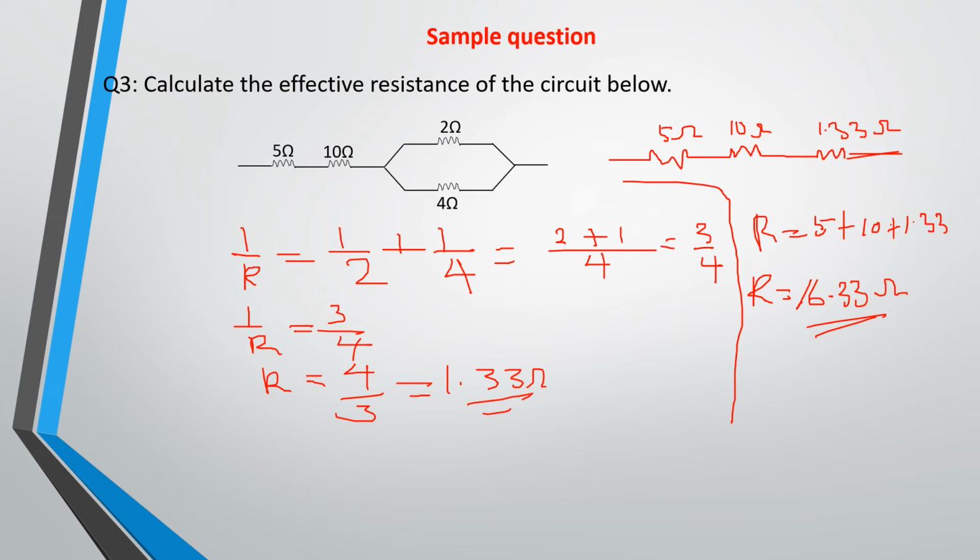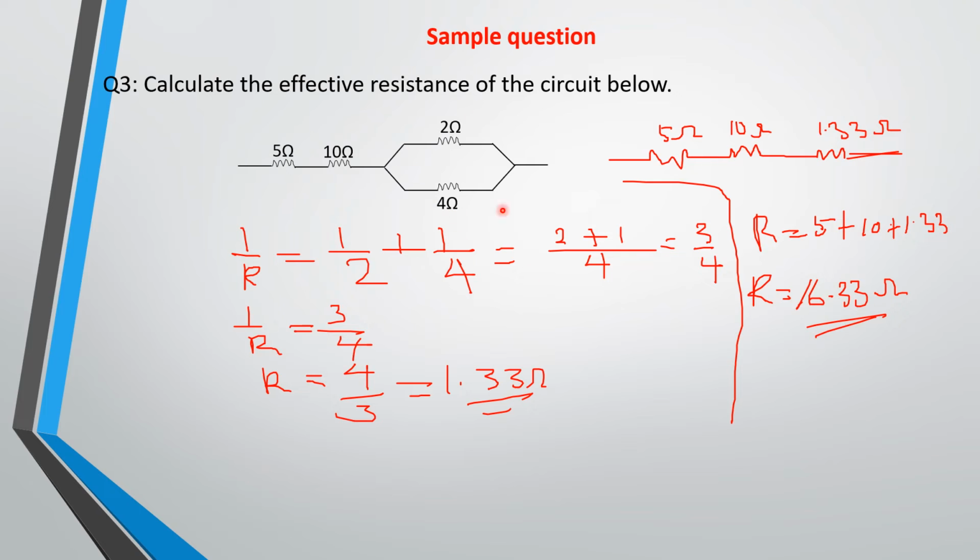Okay, so you see that in this particular question, we had a combination of series and parallel arrangements. When you have a combination of series and parallel arrangement, first of all, consider the parallel part, so that at the end of the day, you draw the circuit and everything will become series.